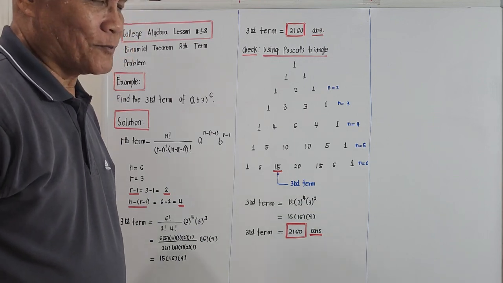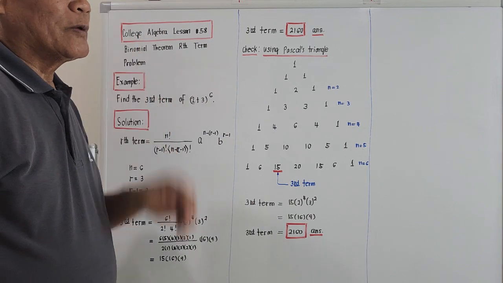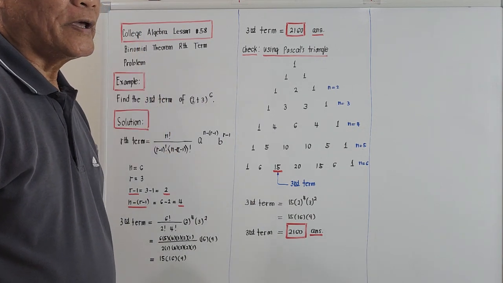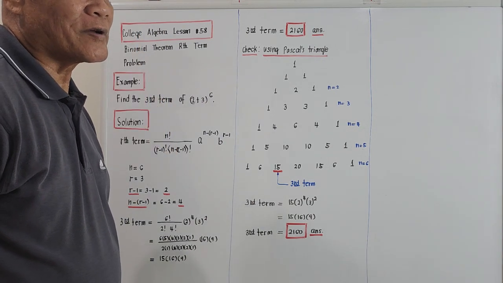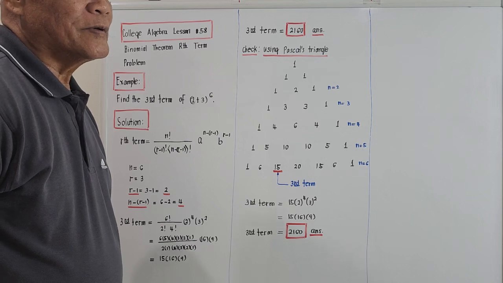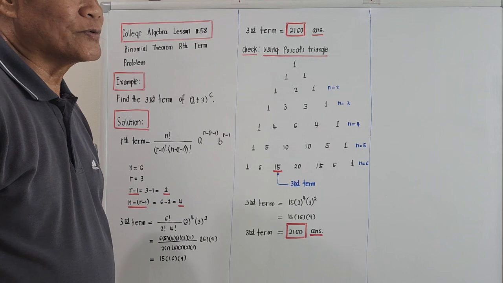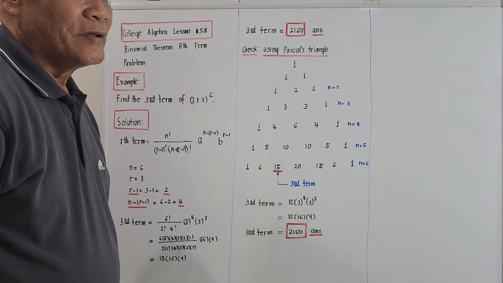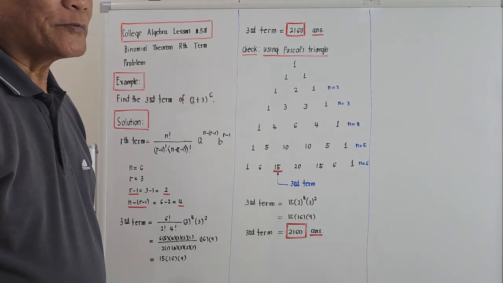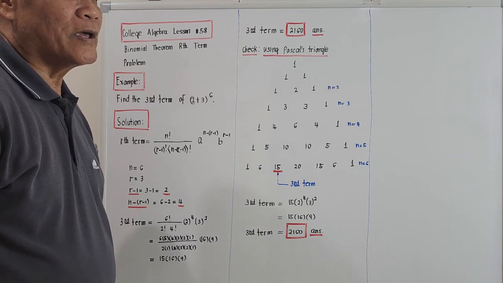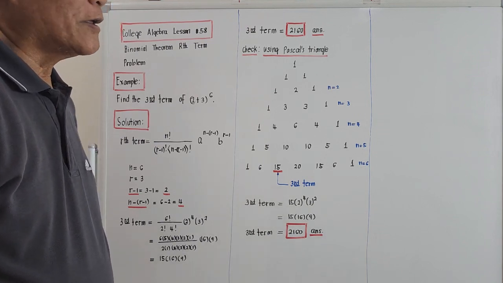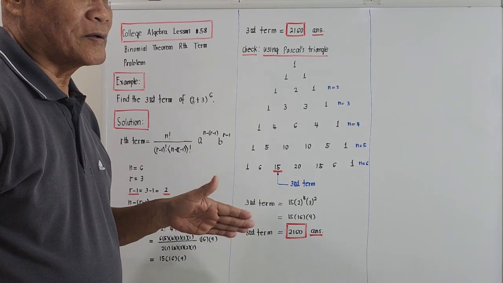If we use our formula, we will come out with an answer in terms of numbers. It is more fun if the answer is a number, so when we check it, it is still a number and they are the same.